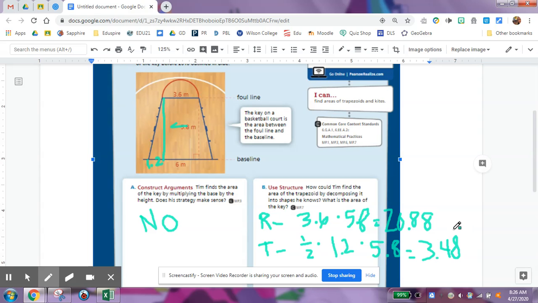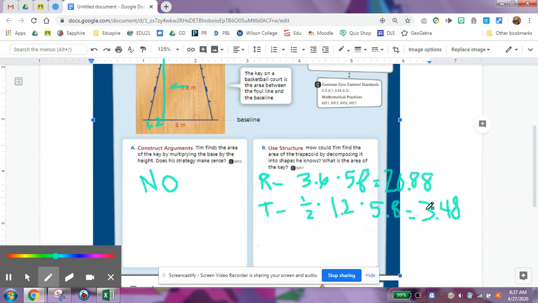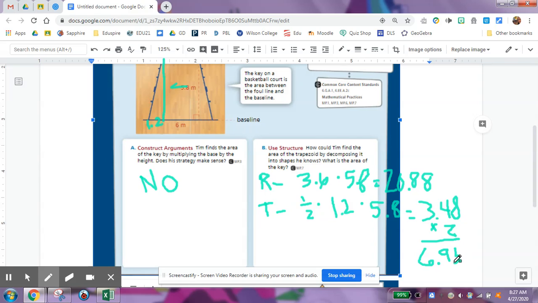And how many triangles do I have? Right, I have two triangles, so I now need to multiply that by 2, and I get 6.96. You can use your calculator. I'm just going to write it out here. 6.96.